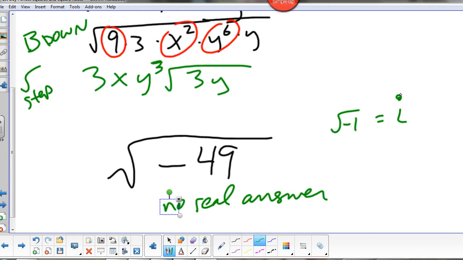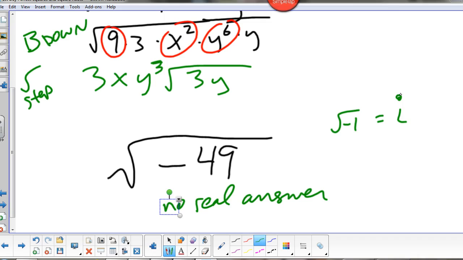Mathematicians needed to close a loophole, because sometimes we need the square root of negative 1 temporarily within a problem. So we gave it this name so we can use it, even though there isn't a number that I can square to get negative 1, not a real number.